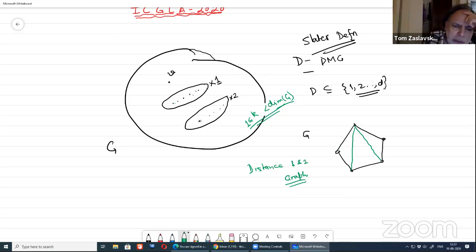I see what you're saying. You're saying that using Slater's rule, if D is the whole set of numbers from 1 to the diameter, then it's just like a complete graph. But if you take a subset of that, like all the numbers from 1 to K in the set capital D, then you will get something more interesting.